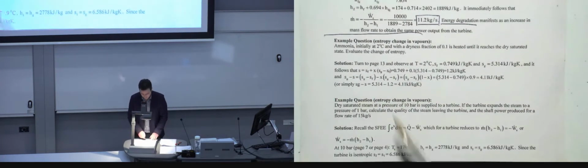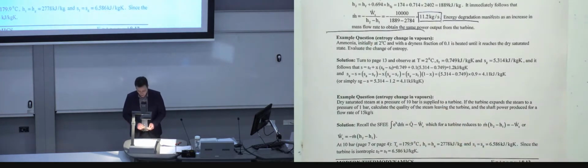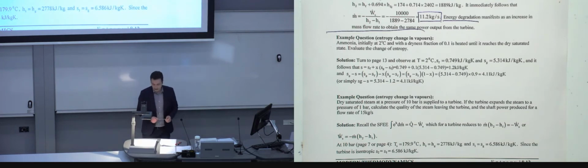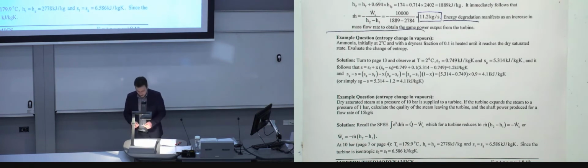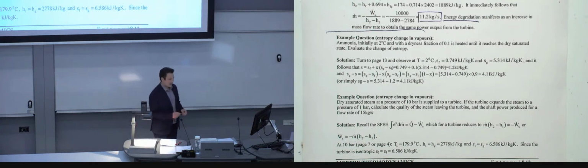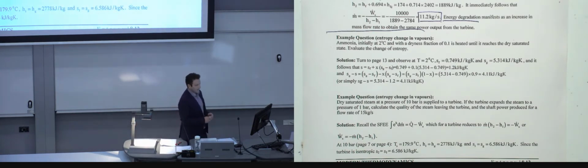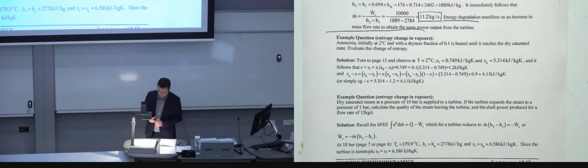So I'm now moving on to the second example, which is quite short. This case is just looking at ammonia, and again, it's a very simple example where you calculate entropy. Let's make sure you know where to look in your steam tables when it comes to ammonia.